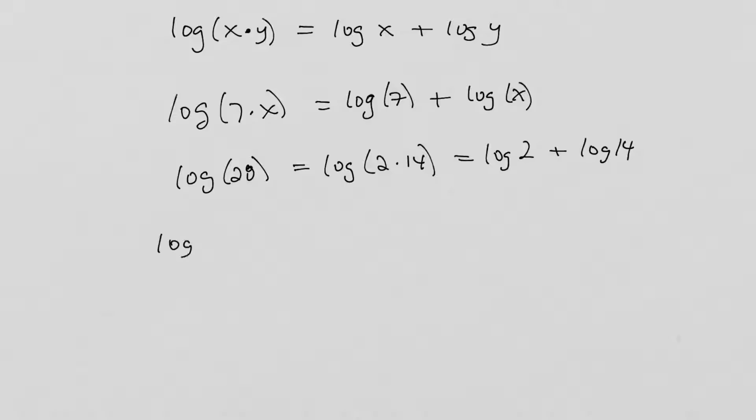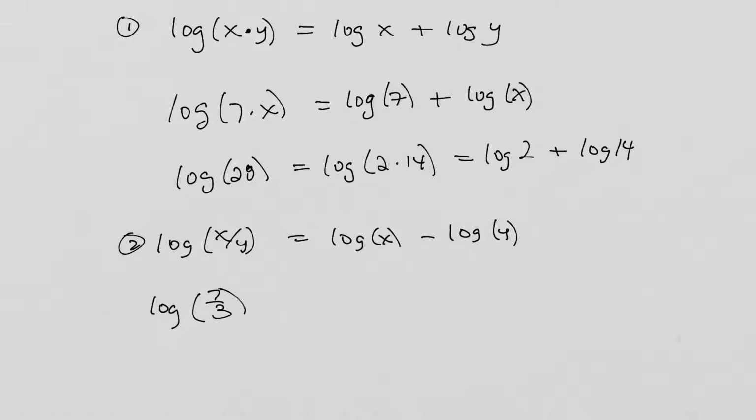Right? If I had the log of x over y, right? So there's my first property, here's the second one. We can break that apart as a log of a difference. So it's log of x minus log of y. So the log of 7 over 3, that's the same thing as the log of 7 minus the log of 3. Right?